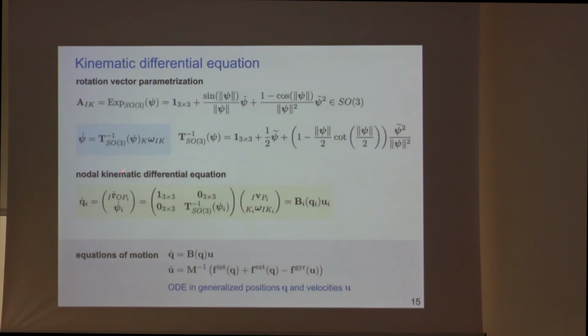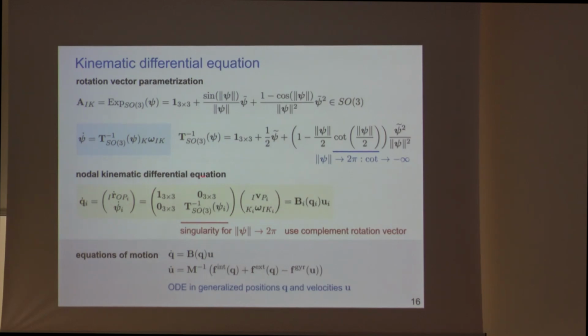So on the nodal level, we relate the time derivative of the nodal positions and the time derivative of the orientation vectors, the rotation vectors, with the nodal translational velocities and the nodal angular velocities in the cross-section fixed frame. And what comes here is that for a rotation vector that exceeds 2 pi, that mapping becomes singular.